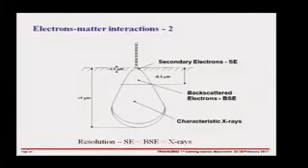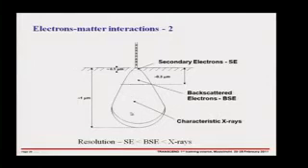Now, I think you can certainly see that in this picture here. So this is a very schematic scheme of electron-matter interactions. You have your electrons coming in here. These are what's called your primary electrons.